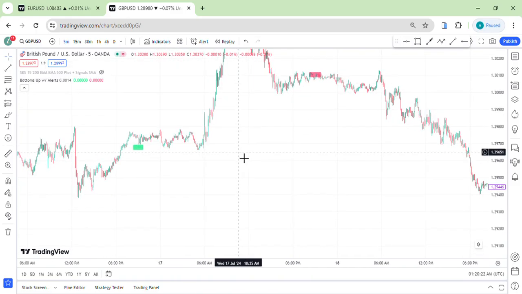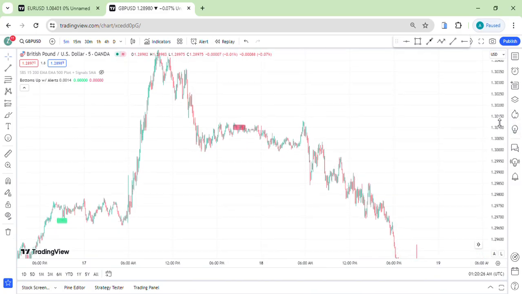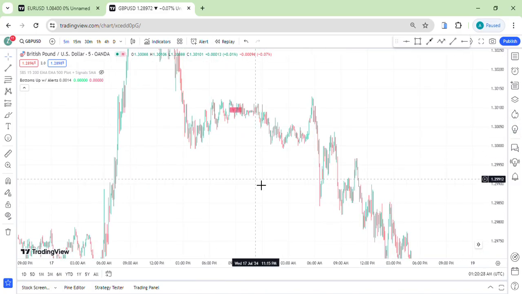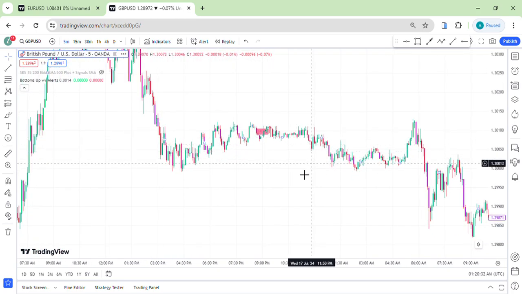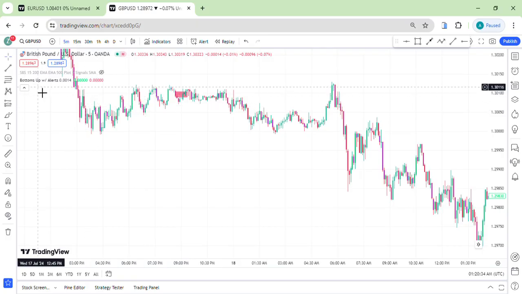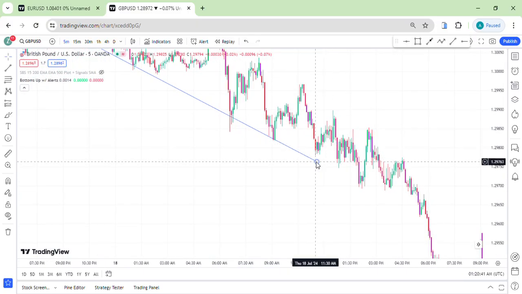So as you can see on this place, it asks us to go for short. You can see this sign here give us an opportunity to go for short, and you can see how the market drop all the way down, and it's still dropping.